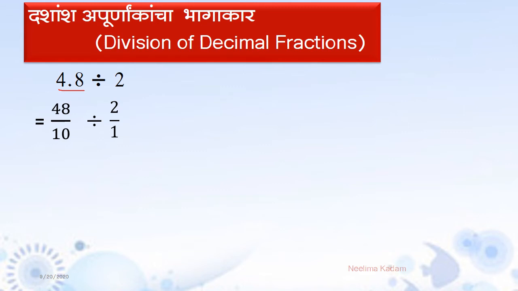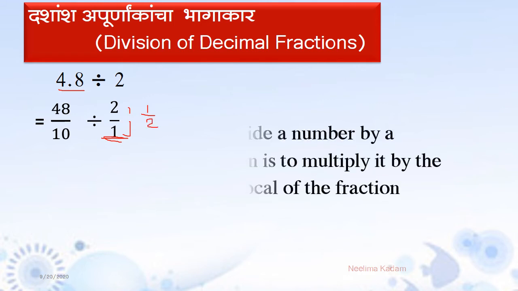Now in fractions we have learned that, in operations on fractions, to divide a number by a fraction means to multiply it by the reciprocal of that fraction. Now dividing by 2 upon 1, the reciprocal of 2 upon 1 will be 1 upon 2.